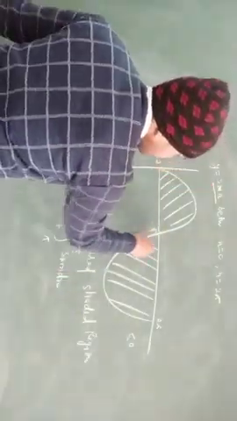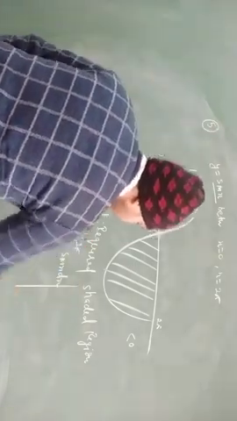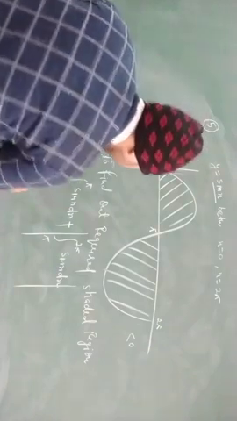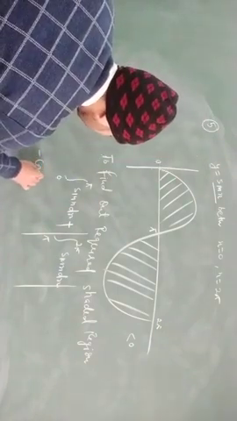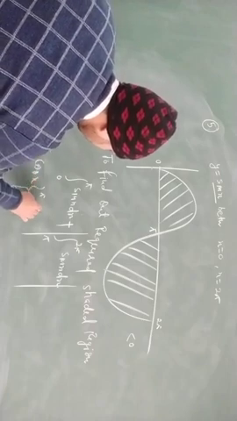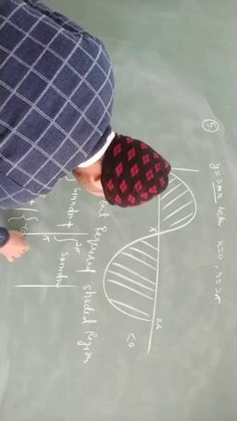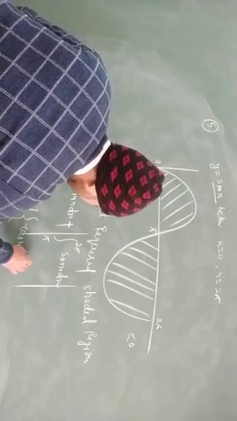So this function lies in the fourth quadrant, in which y is negative, so the value can be calculated in mod. This gives the integral of sin x from 0 to pi, which is mod of minus cos x, plus mod of minus cos x from pi to 2 pi.